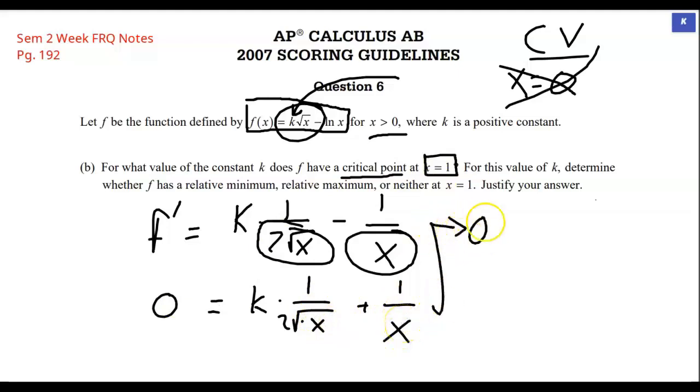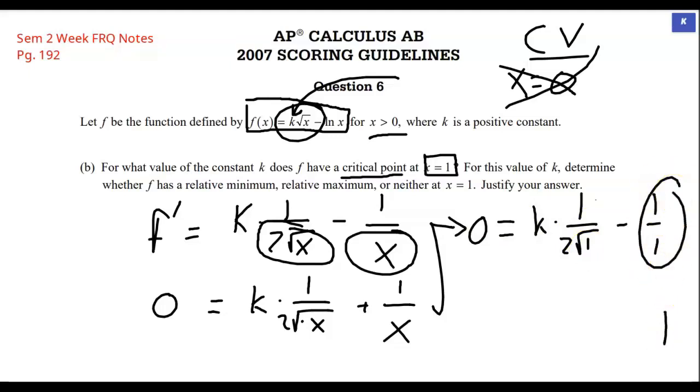So that gives me 0 equals k times 1 over 2 times the square root of 1 minus 1 over 1. Okay, well, this is just 1. And 1 over 2 times the square root of 1 is just 1 over 2. And then I'm going to add 1 to the other side because I want to start solving for k, right?